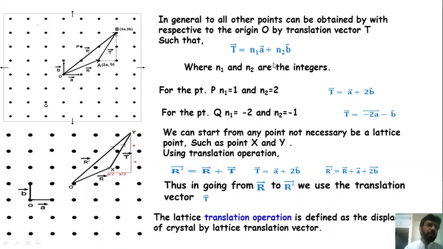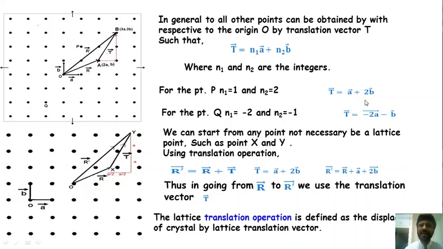Now instead of the points A and B, if we consider other points P and Q with respect to the origin, then P has the coordinates 1 and 2. So here this is the 1 and here this is the 2. Q has the coordinates minus 2 and minus 1.